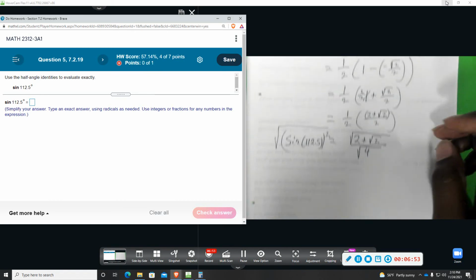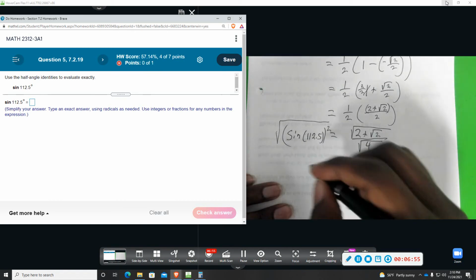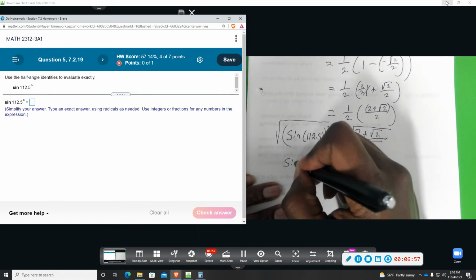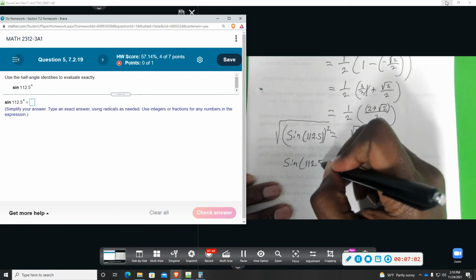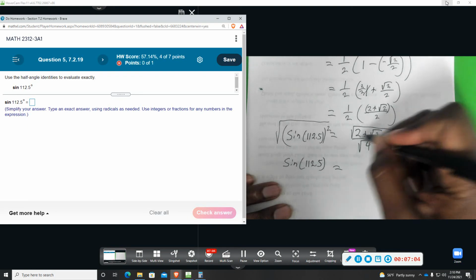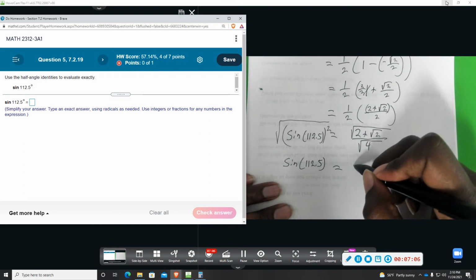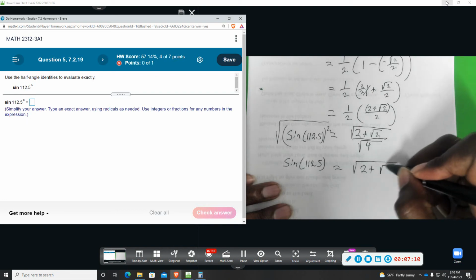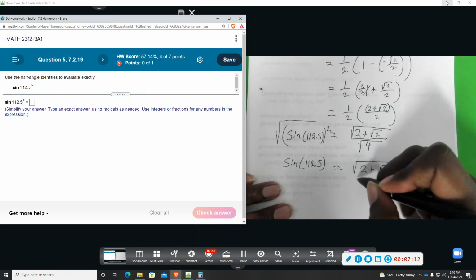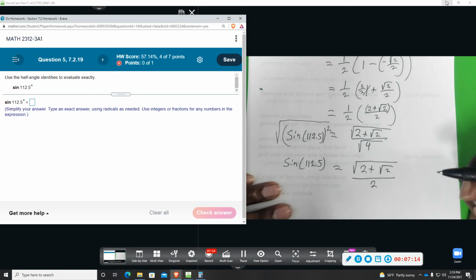So when you do the square root of this, that leaves you with sine of 112.5 equals the square root of 2 plus square root of 2, over the square root of 4, which is just 2.